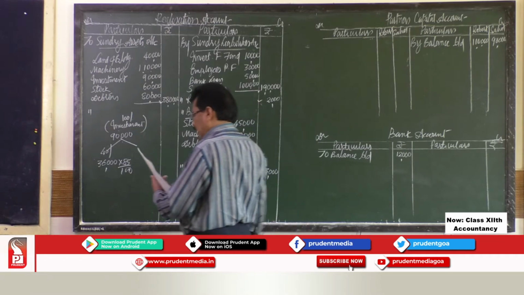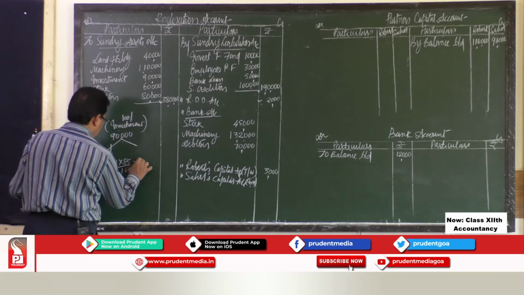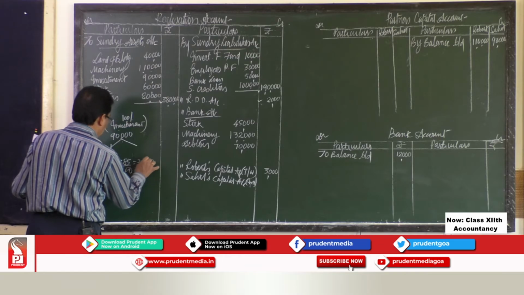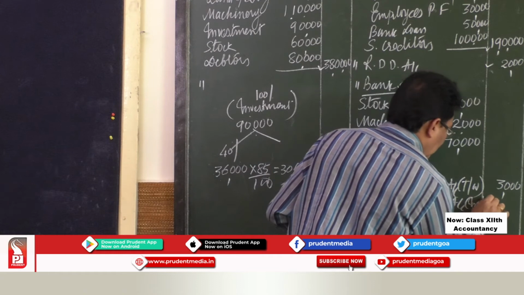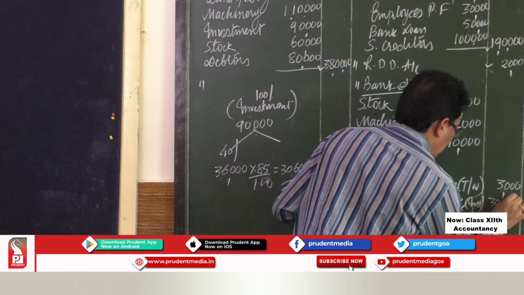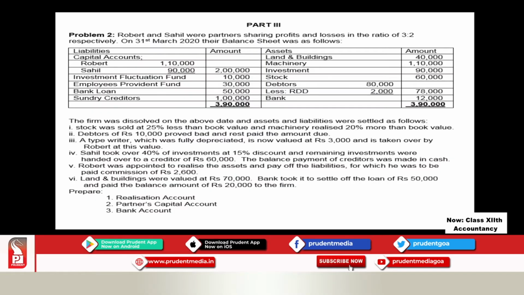What is 85% of that? That is 30,600. So you have to put that 30,600. And the remaining investments were handed over to the creditors. That we will see later on.